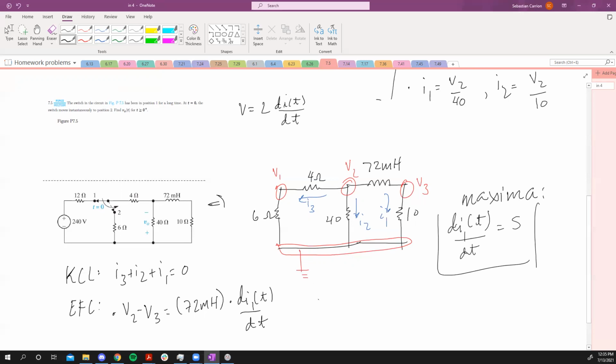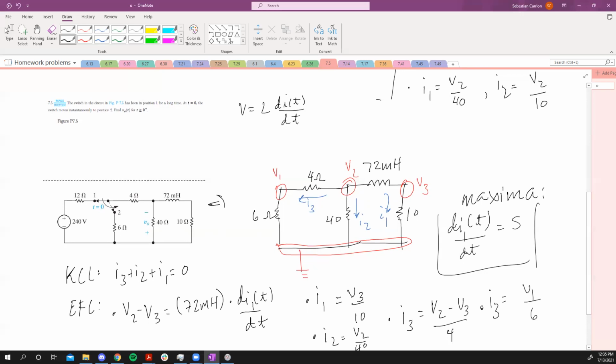Then I1 equals V3 over 10, I2 equals V2 over 40, I3 equals V2 minus V3 over 4, and I3 equals V1 over 6.